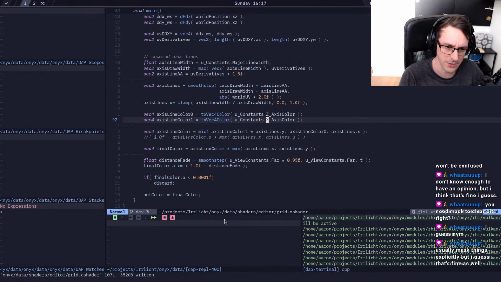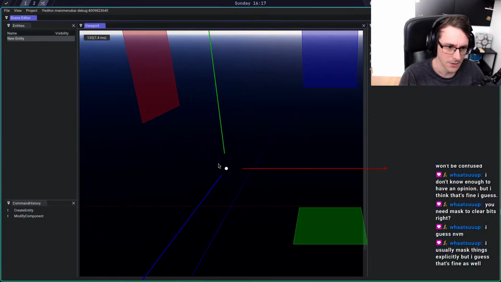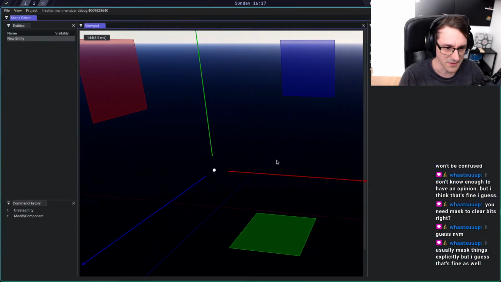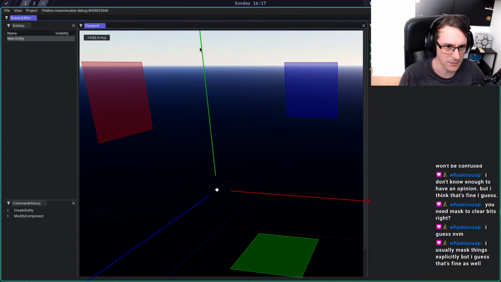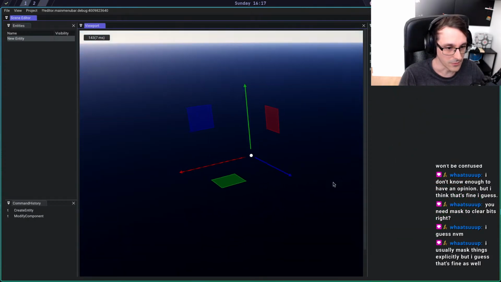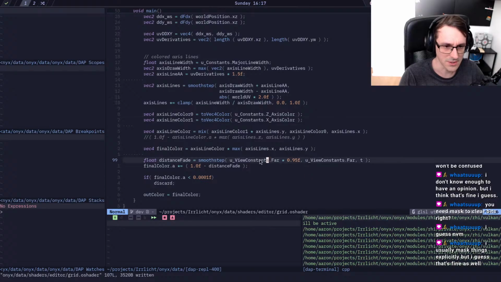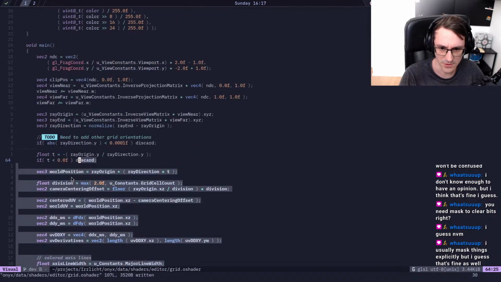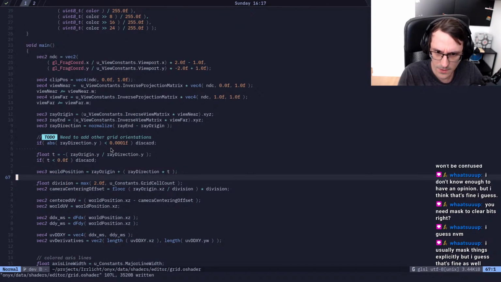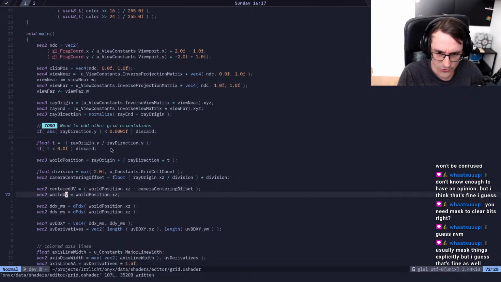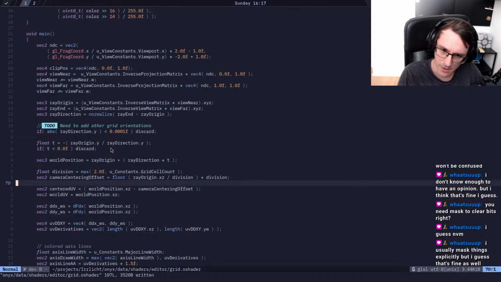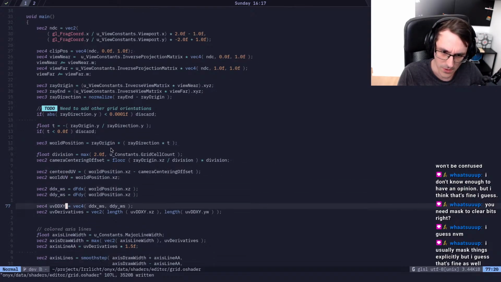But what I want to have is, even though the plane is here and the grid will be here, I think I still want the y-axis as well to be shown. So we will do that, which should actually not be that hard to do, because it's probably just changing this part. Well, we need to change a couple of things here, right?